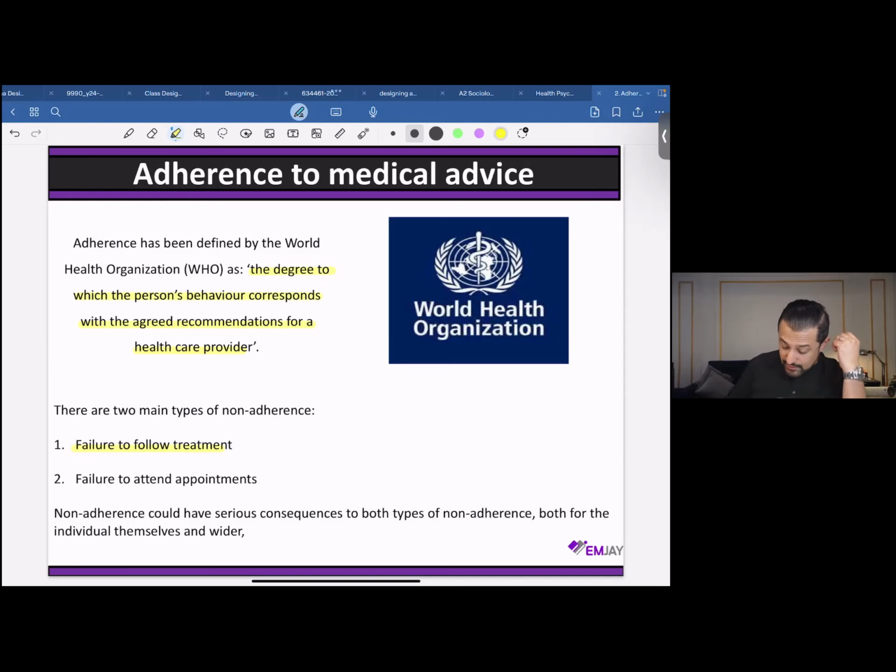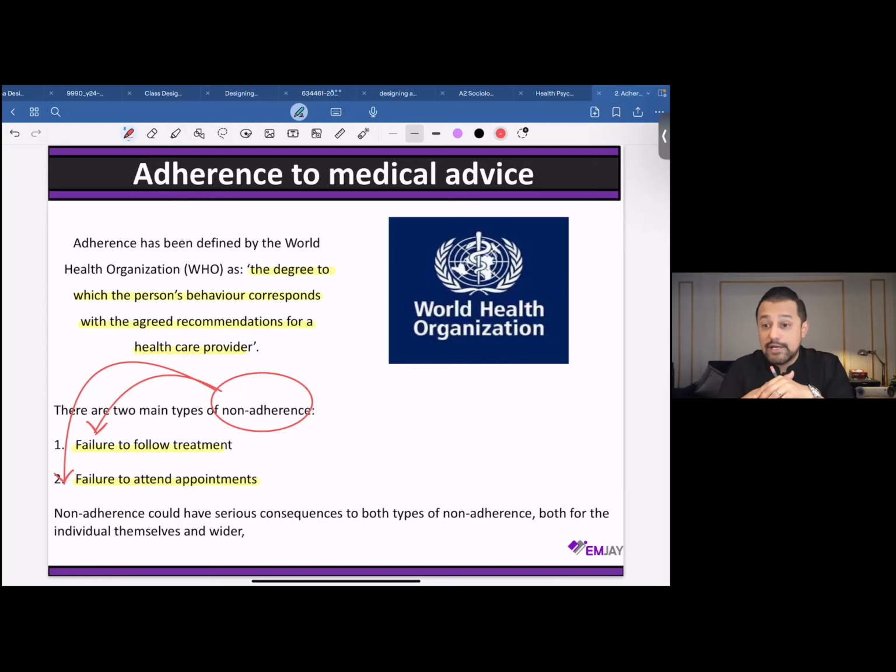And the second one over here is failure to attend appointments. So what I'm trying to explain to you is that non-adherence could be broadly put into two main categories: number one, failure to follow treatment; number two, failure to attend an appointment. You do realize how non-adherence could have very serious consequences.